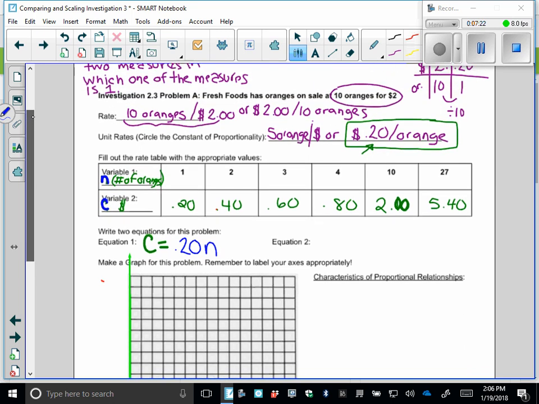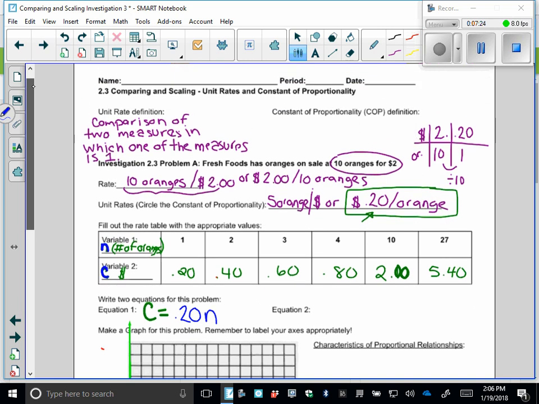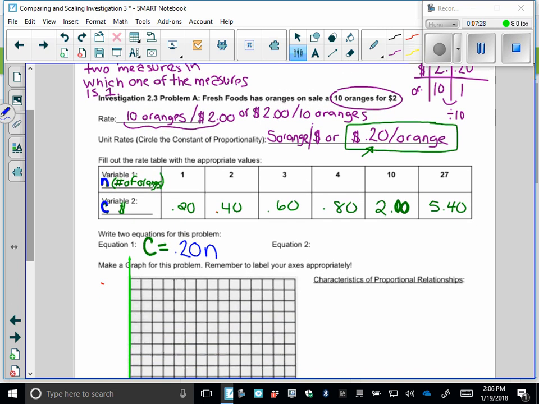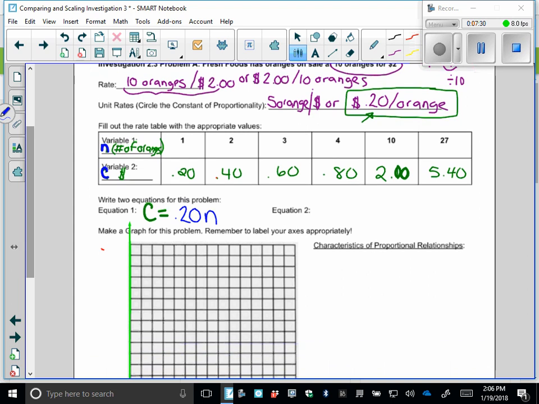And then up here, when it asks you to circle the constant of proportionality, that number that comes in front of the letter n is your constant of proportionality. It's the change that keeps happening, the same change.